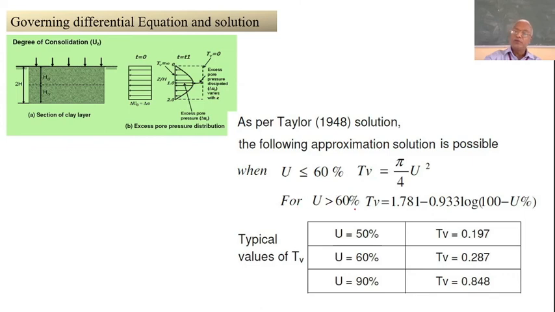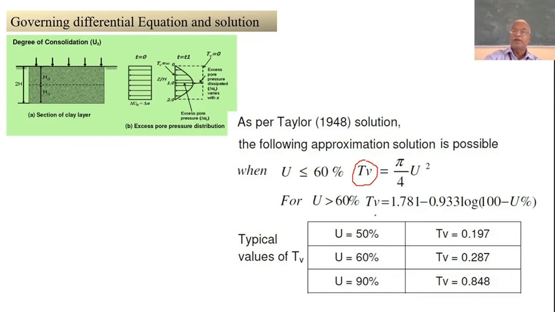For U greater than 60%, TV will be equal to 1.781 minus 0.9331 log of (100 minus U percent). Okay. Typical values of TV: for 50% consolidation, TV, this capital TV is known as the time factor, a dimensionless factor, TV is 0.197. For 60% consolidation TV is 0.287, and for 90% consolidation TV is 0.848.